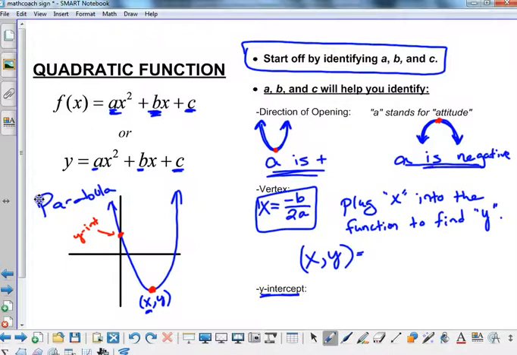So if we know a point over here, we also know a point on this side somewhere. Finding the y-intercept is very simple if we know the equation of the function, and the y-intercept is always equal to the value c. C is equal to the y-intercept.